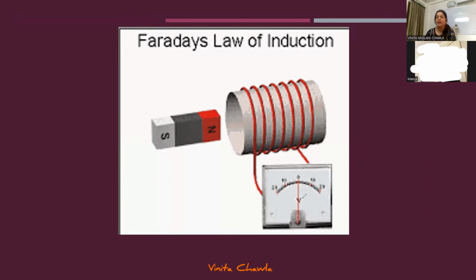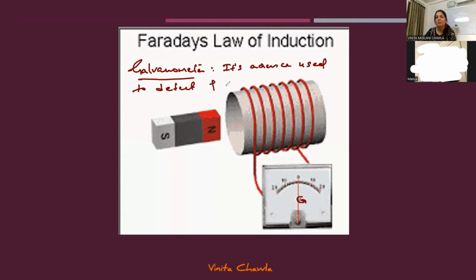And what if I attach a galvanometer to the circuit then? G. What does a galvanometer do? See, it is a device used to detect feeble electric currents of microampere range.